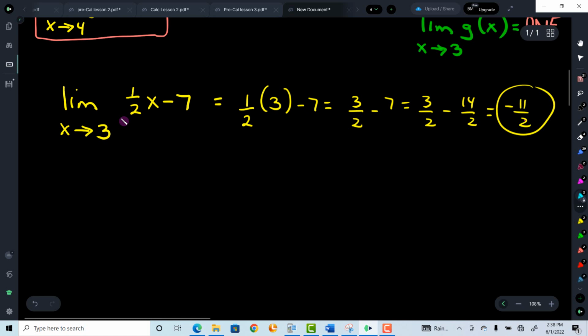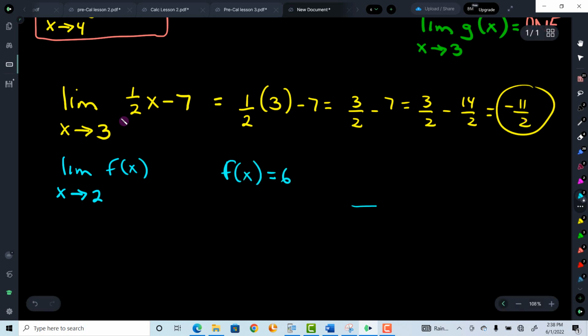Okay. The limit as x approaches 2 of 6. So in other words, I could rewrite it to say, let's say the limit as x approaches 2 of f of x, and then f of x we're going to say is just equal to 6.